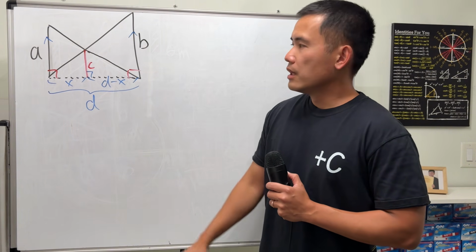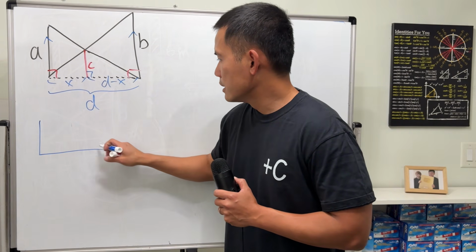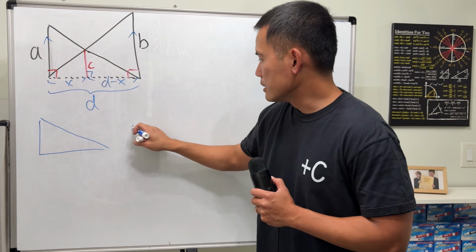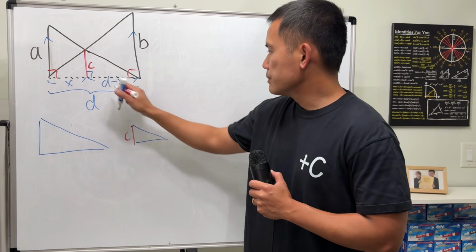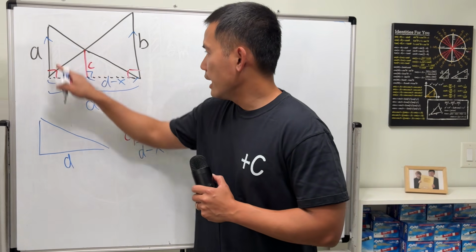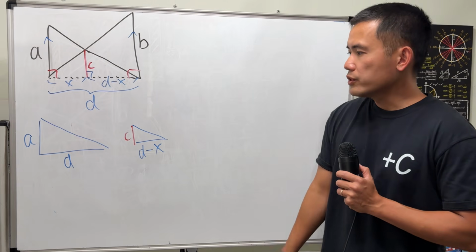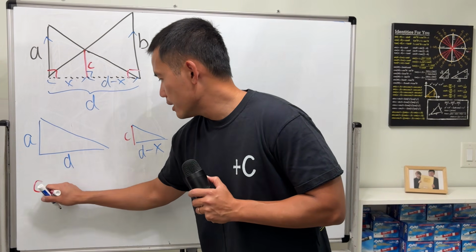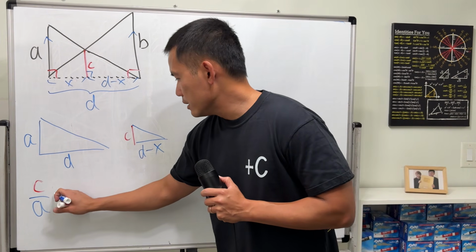So now we are ready. Just focus on this triangle right here. The big one is this, and then we make a cut in the middle. Well, not in the middle, but somewhere. It's like this. So that is C, and this portion is d minus x, and the whole thing is d. And this much right here is a. Next, I'm going to set up a proportion, and I'm going to do it in this order: C over a is equal to d minus x over d.